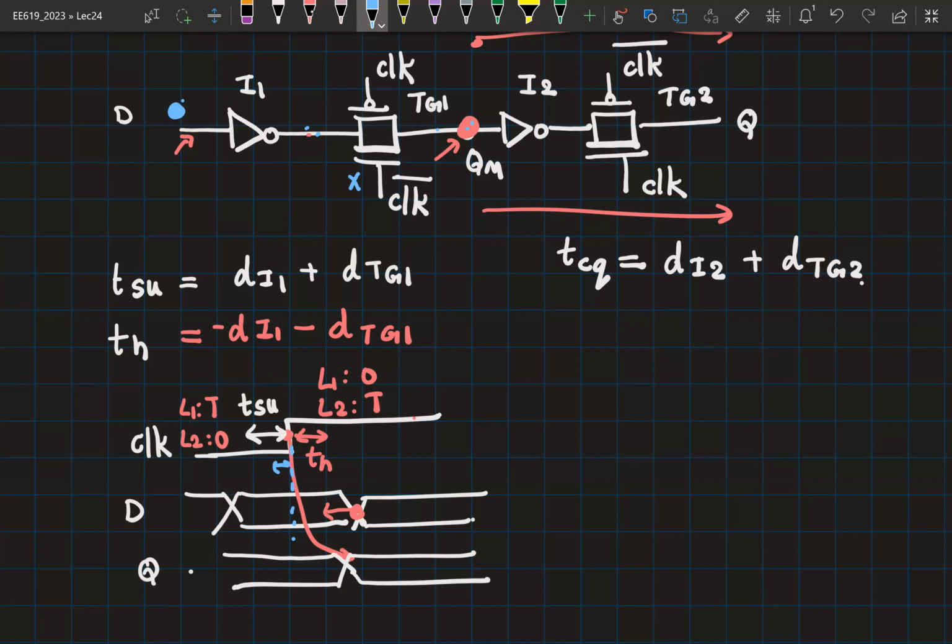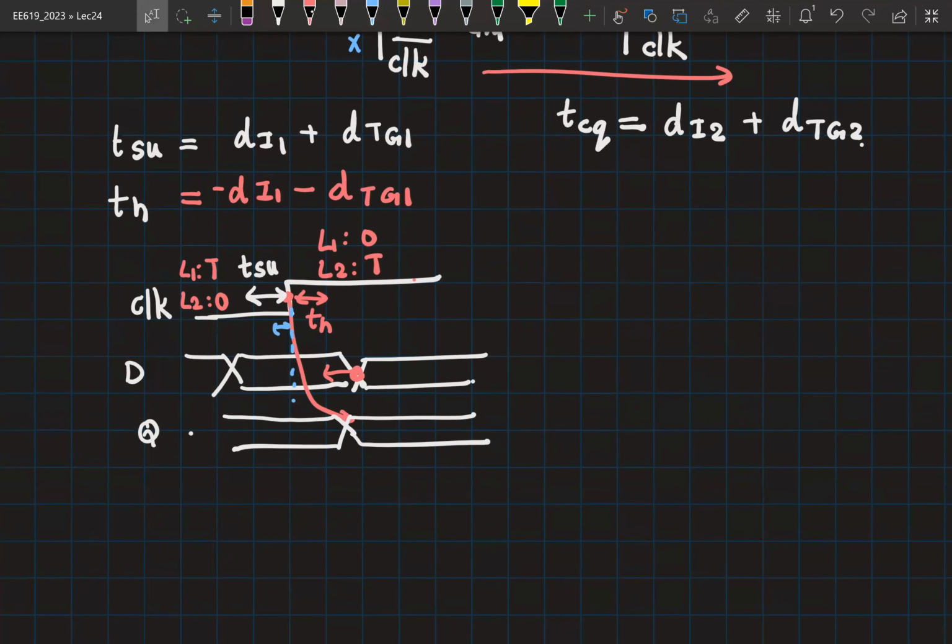But the changed data shouldn't appear here. That is okay. So if the switch becomes off before the data crosses the transmission gate, then we are still fine. That is why it is here. So any questions on this?